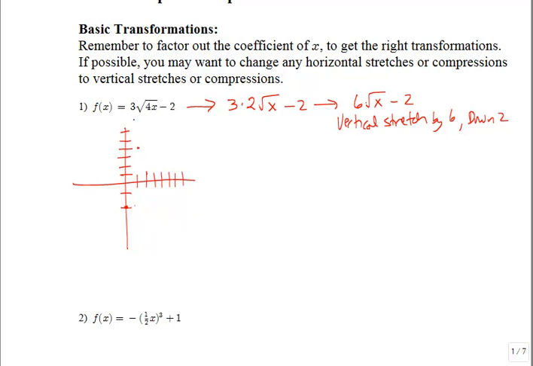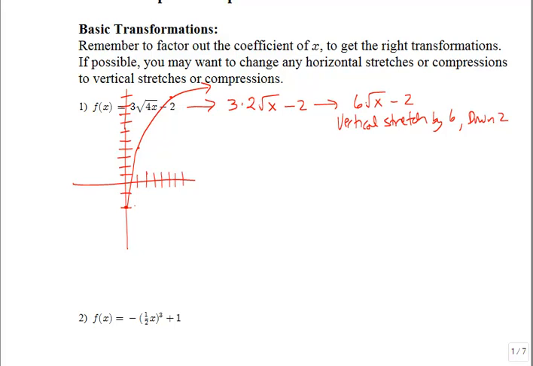Then from there, we would want to go up another 6, 1, 2, 3, 4, 5, 6, and over 3. So instead of going up 1 over 1, we went up 6 over 1, and then instead of going up 1 over 3, we went up 6 over 3. So still the same pattern going horizontally, but slightly higher values going vertically. And when I connect my dots, there's my graph.